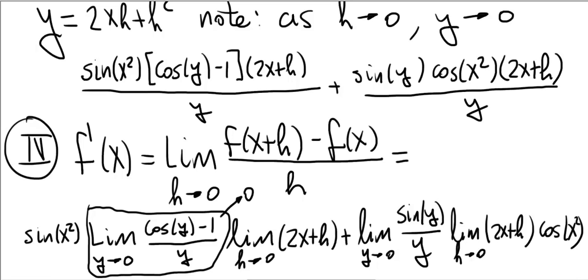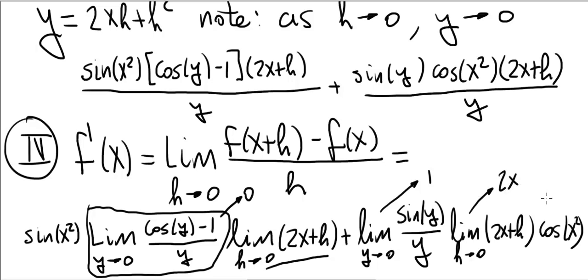Sine of x squared times 0. The limit that I'm underlining will go to 2x, so sine of x squared times 2x times 0 is heading towards 0. In the second part, this is heading toward 1. The limit as h goes to 0 of 2x plus h is heading to 2x.